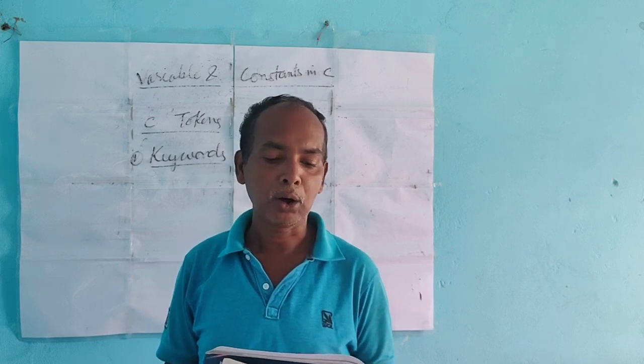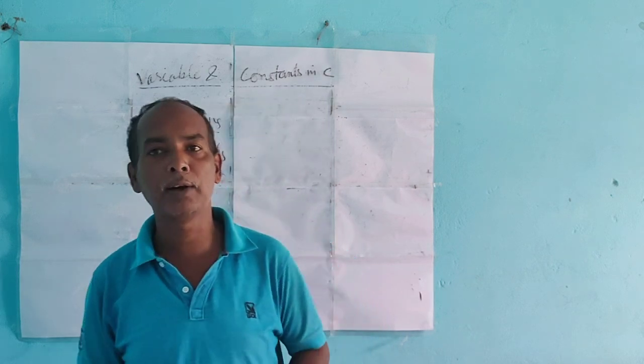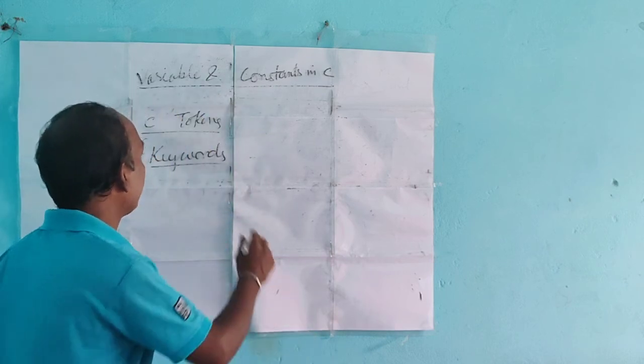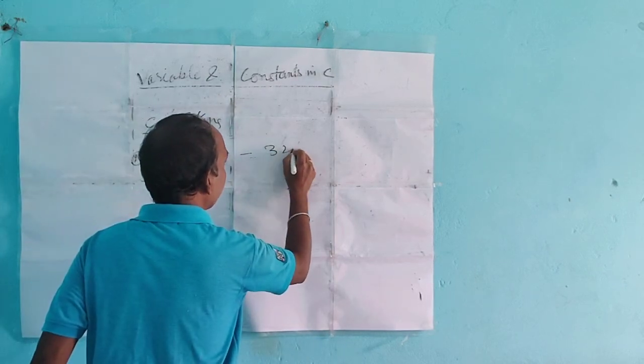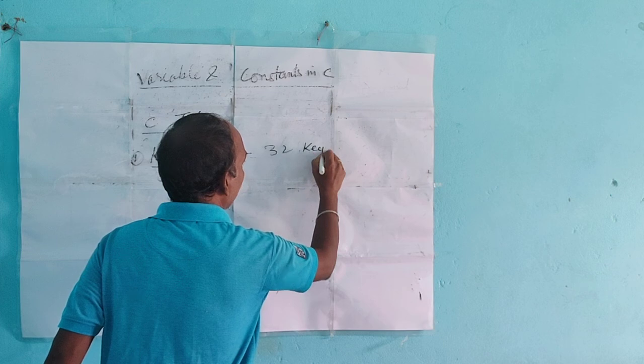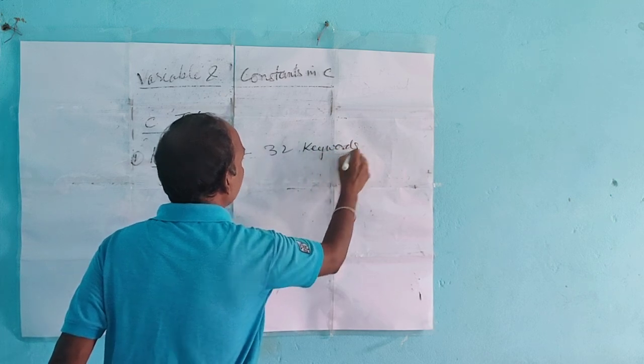There are only 32 keywords available in C, but in C++ we can get more than 32 keywords.